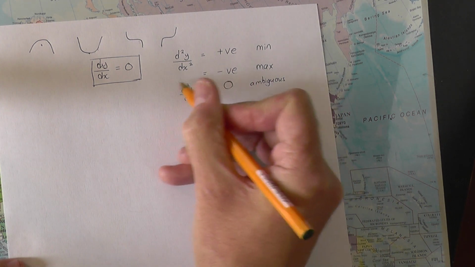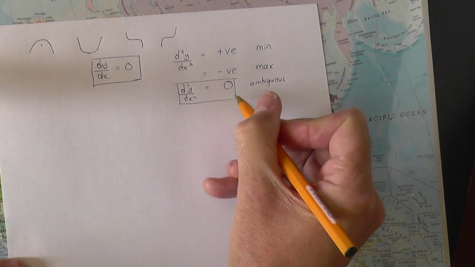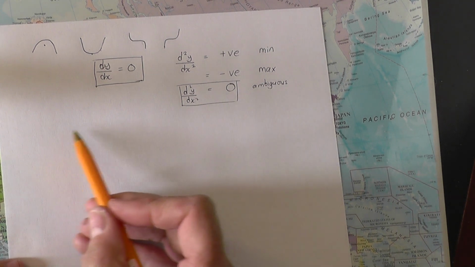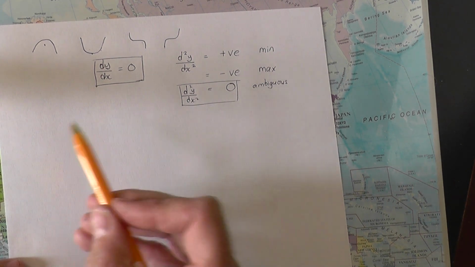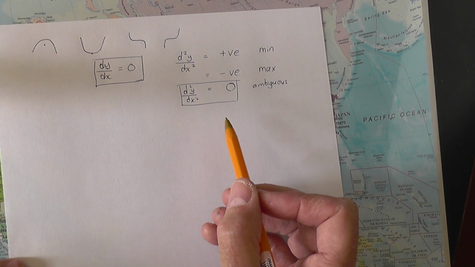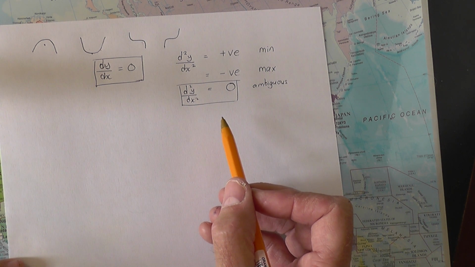That must be true. But generally speaking, if you get equals naught, you need further work with the gradient method in the neighbourhood of the point to decide, like I showed you in the last video, whether it's a max or a min or a point of inflection.